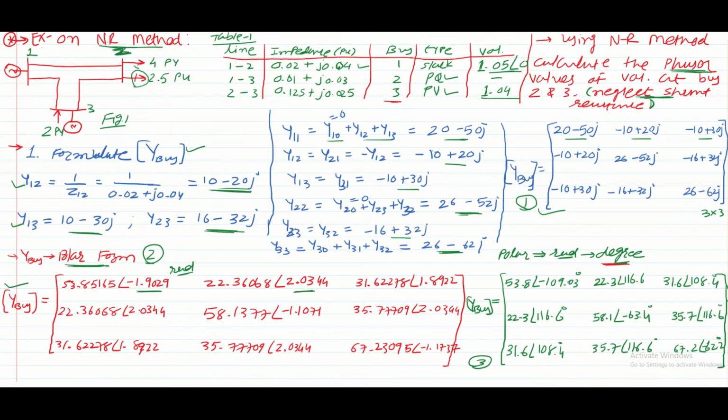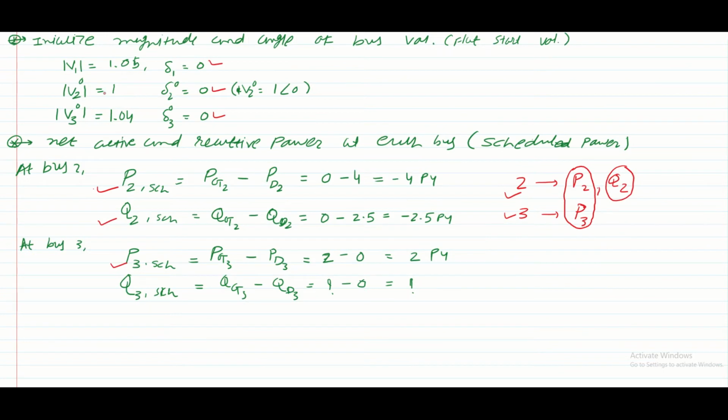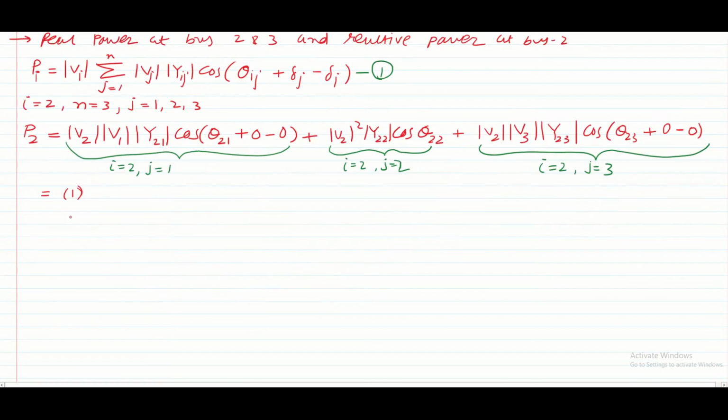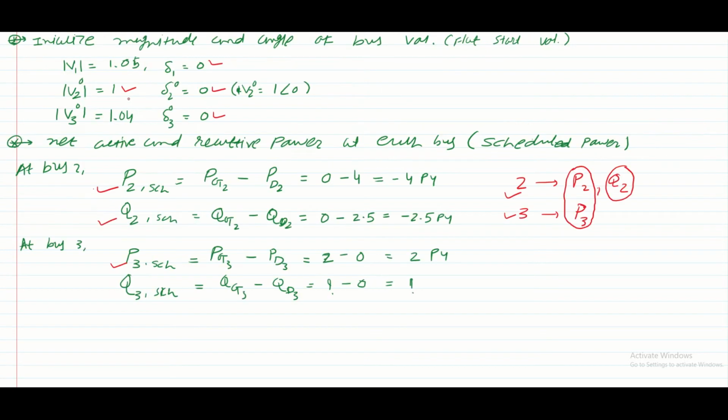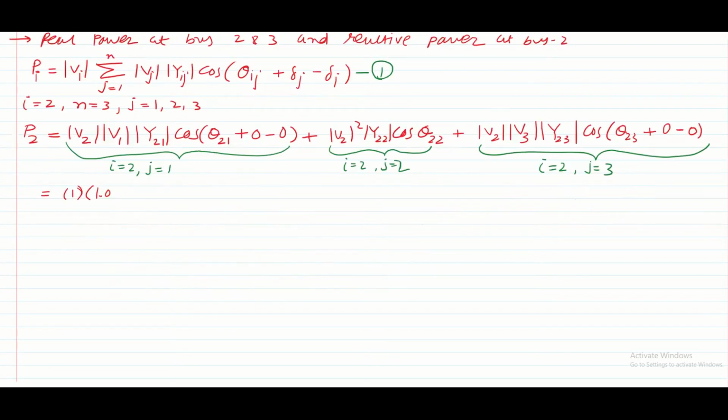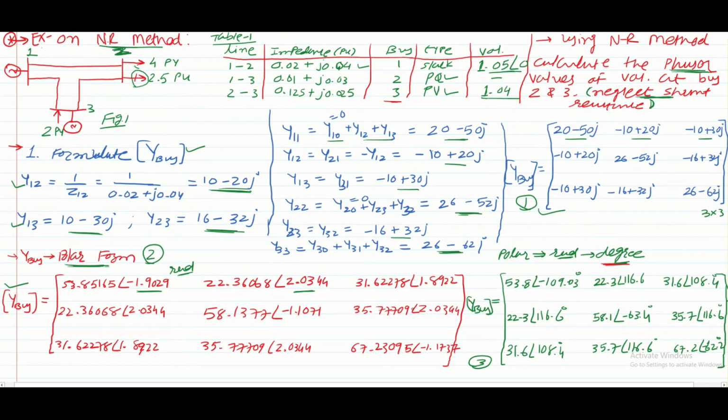Yes, if you wish you can verify. V2 voltage at bus 2 is not given, so here we have assumed that 1. V1 is 1.05, I am considering the magnitude of V1, yes, 1.05, and the magnitude of Y21 which is written over here.